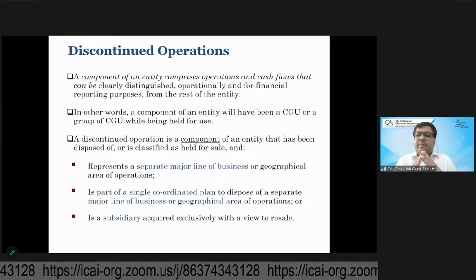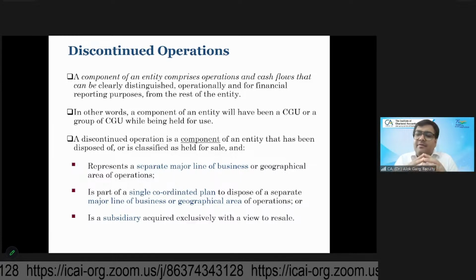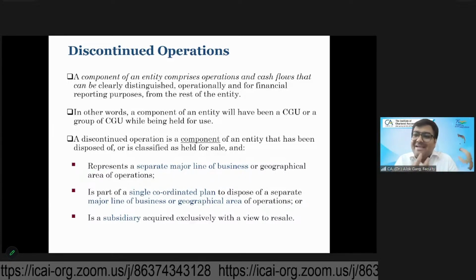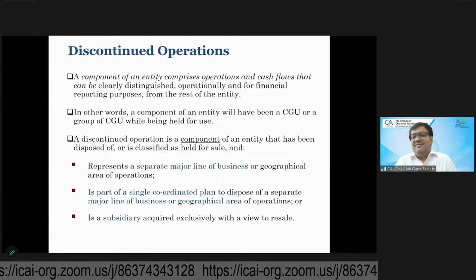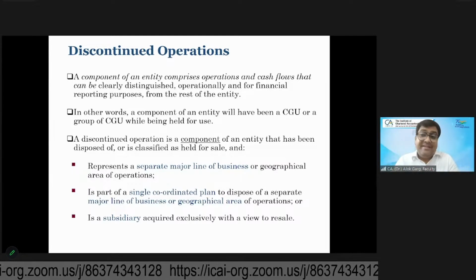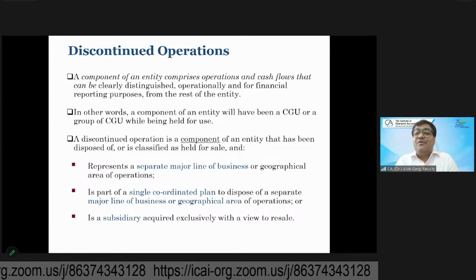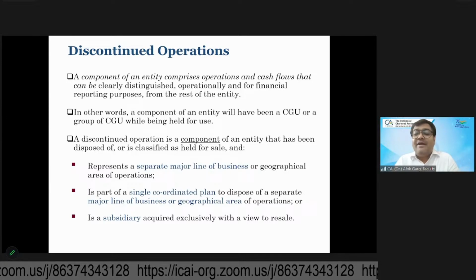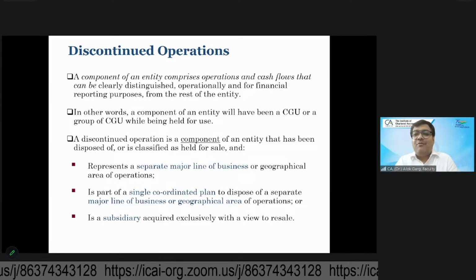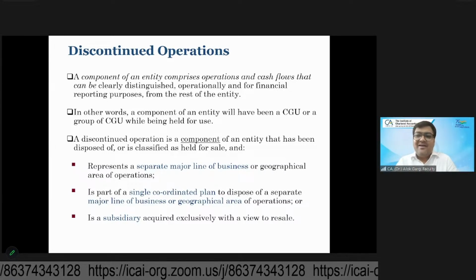Friends, when I've decided to use those assets in my existing business, in that case there is nothing called a disposal group held for sale. But yes, it is a discontinued operation because I've shut down my auditing business. I will not have revenue going forward from my auditing business. Correct?